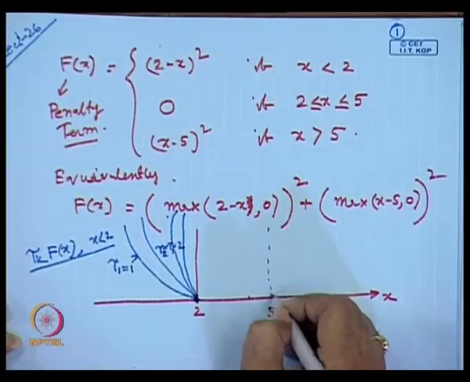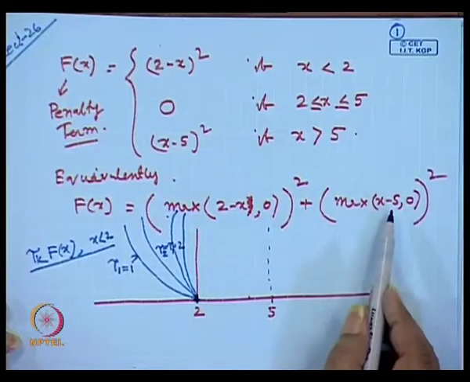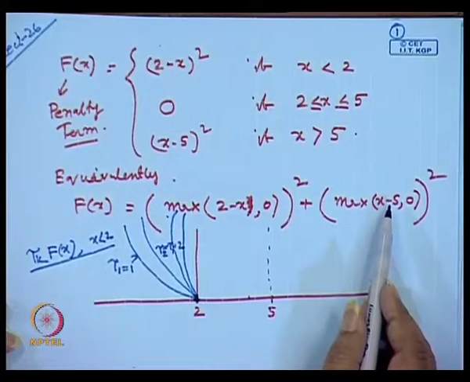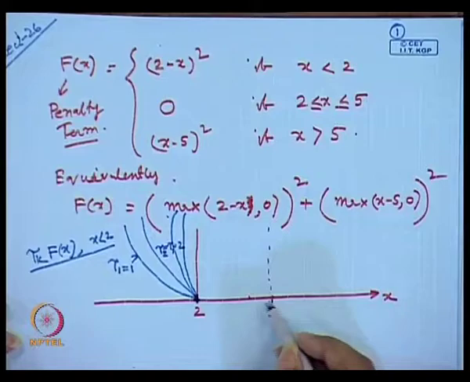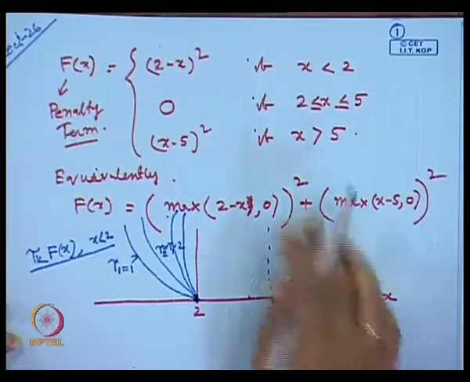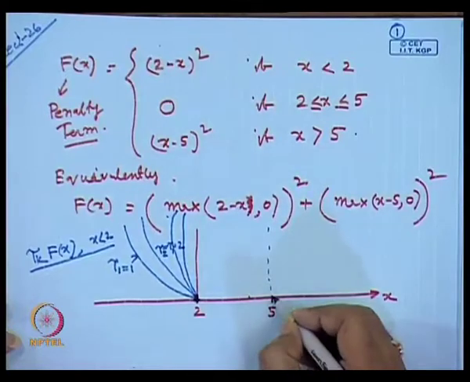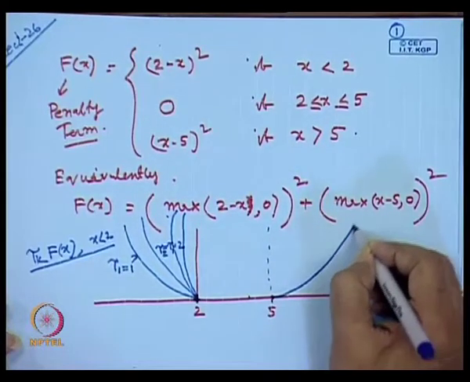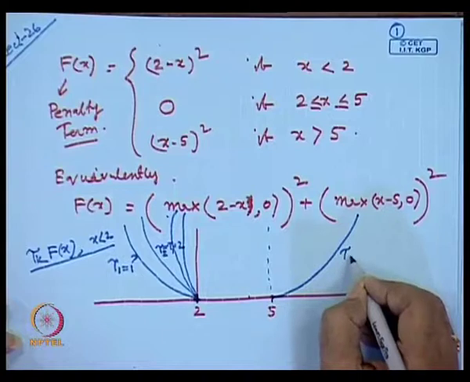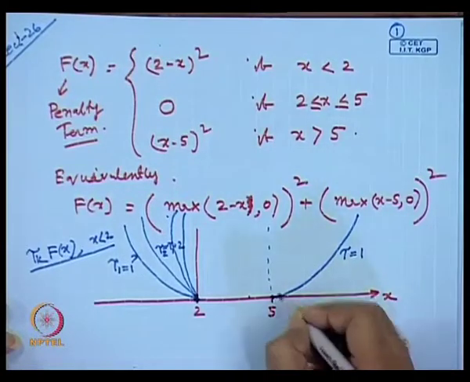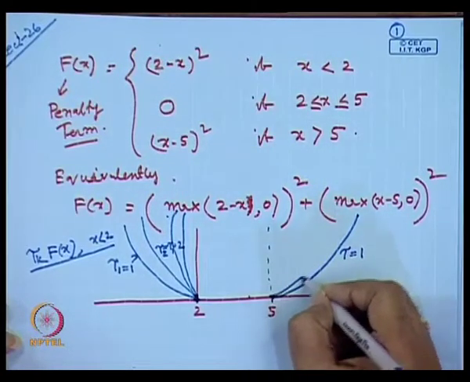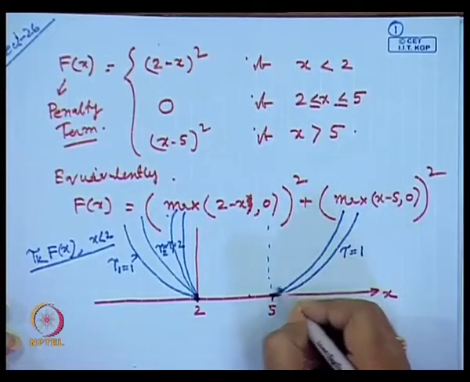Now, similarly, at x equal to 5 this is 0. When x is greater than 5, that means when it is not in the feasible region, similarly it will go like this way. This is tau equal to 1, and then you increase the value of tau.